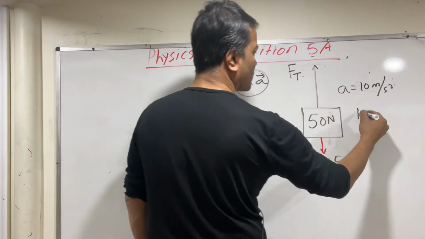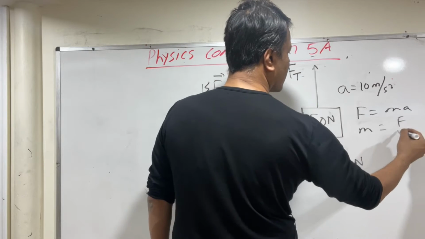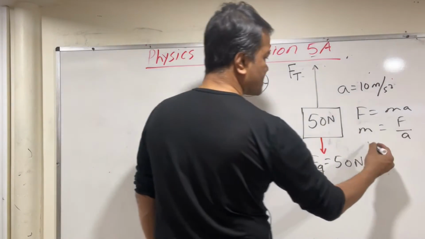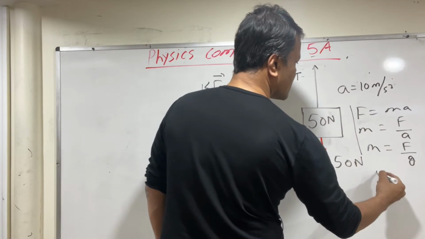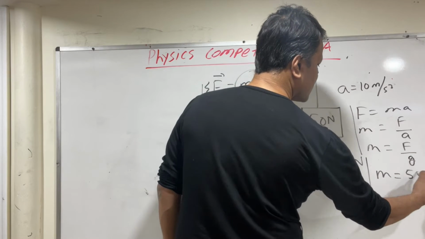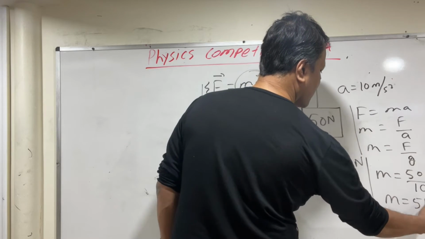F equal to ma, so mass is F over a. In this case, F over g. F is of course 50, g is acceleration due to gravity, so mass is 5 kilogram.